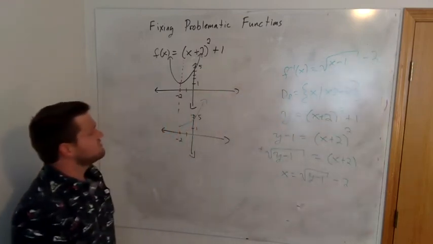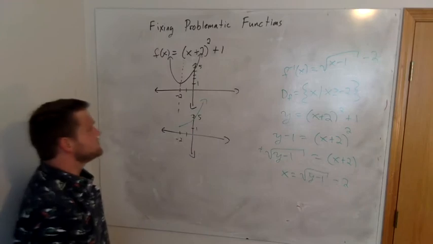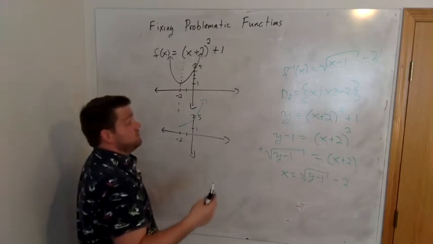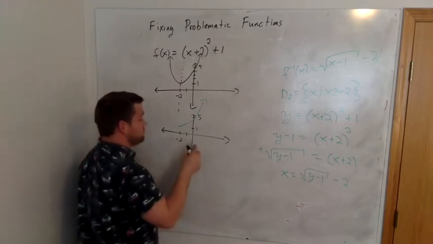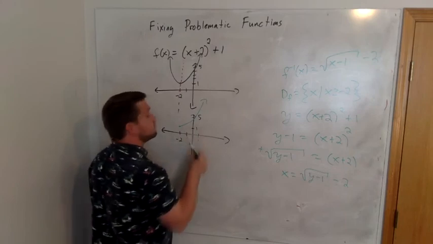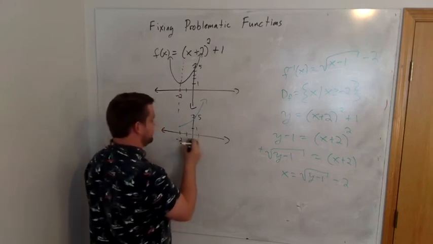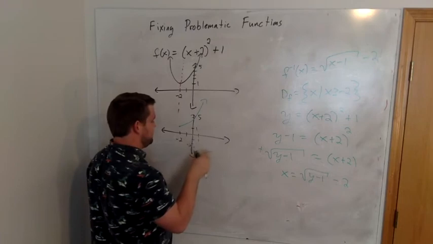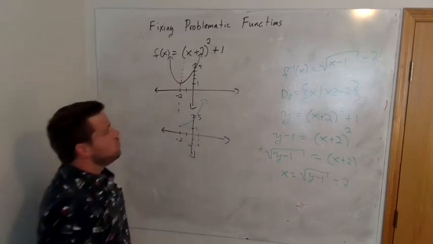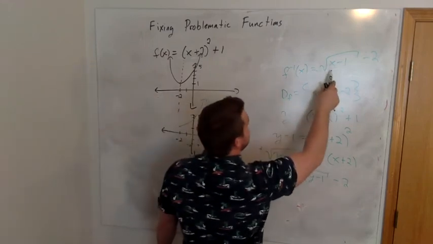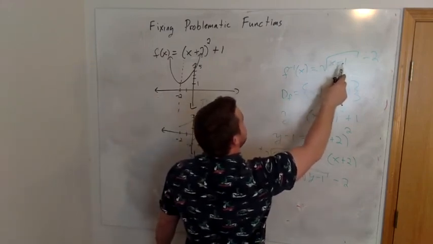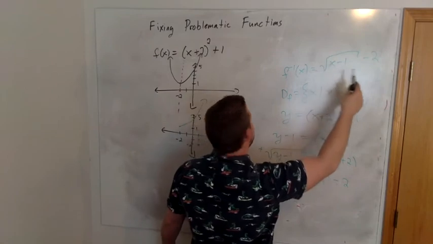Let's go ahead and sketch this. So what is this? This is the square root function. It's shifted to the right 1 unit and down 2 units. Negative 2. So we're right here. Okay. And notice what happens if we plugged in 5. 5 minus 1 is 4. Square root of 4 is 2. 2 minus 2 is 0.